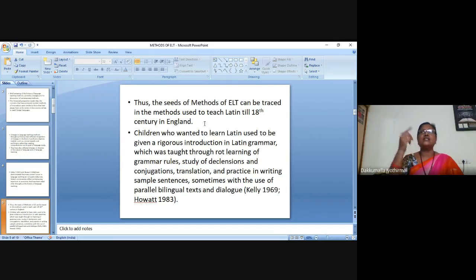That actually started from the 16th century itself, when Latin was set back, and Latin was no more a language of the common man. It is not among the languages spoken by people outside, but English has taken its place.